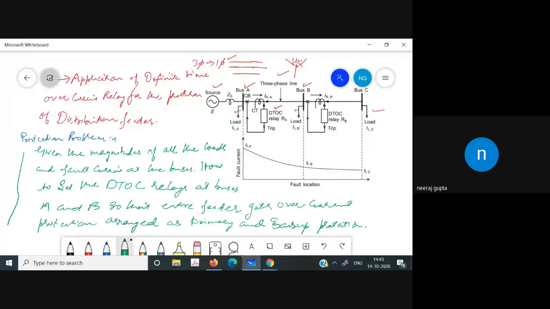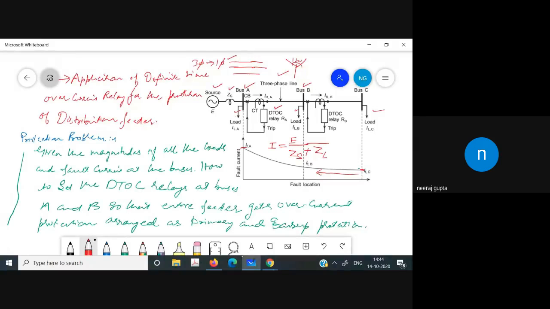One more point is that as the fault moves towards the source, the fault current increases. Here the fault current is more compared to this point. This is because the current is given by the source E divided by ZS, the source impedance, plus ZL, the impedance of the line.